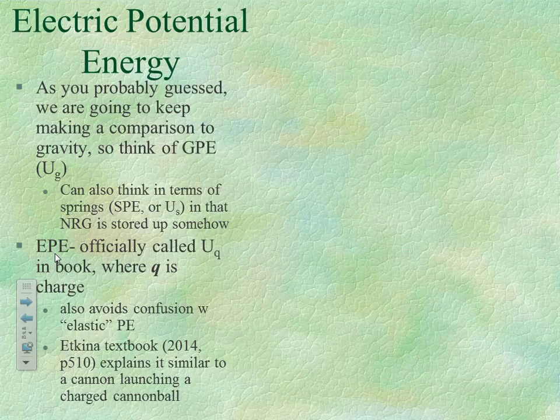Your textbook refers to it as UQ, which is kind of fun to say. The Q stands for charge, and that helps distinguish it from U sub E, because some people might get confused and think of elastic instead of electrical.